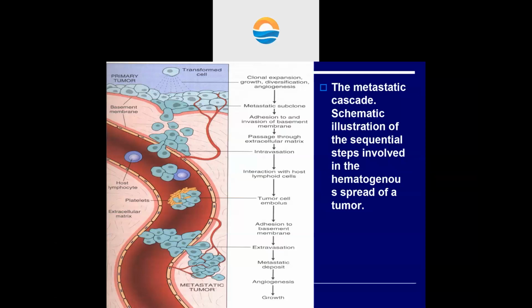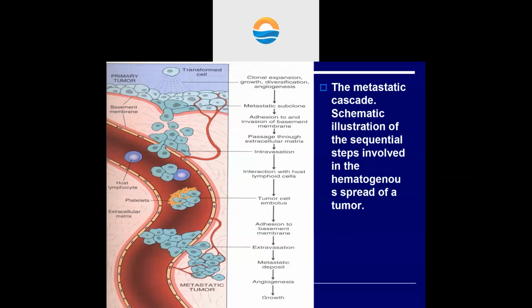This subclone of the malignant cells has a high opportunity to metastasize. So we see the adhesion to and invasion of the basement membrane, then passage through the extracellular matrix, then invasion.